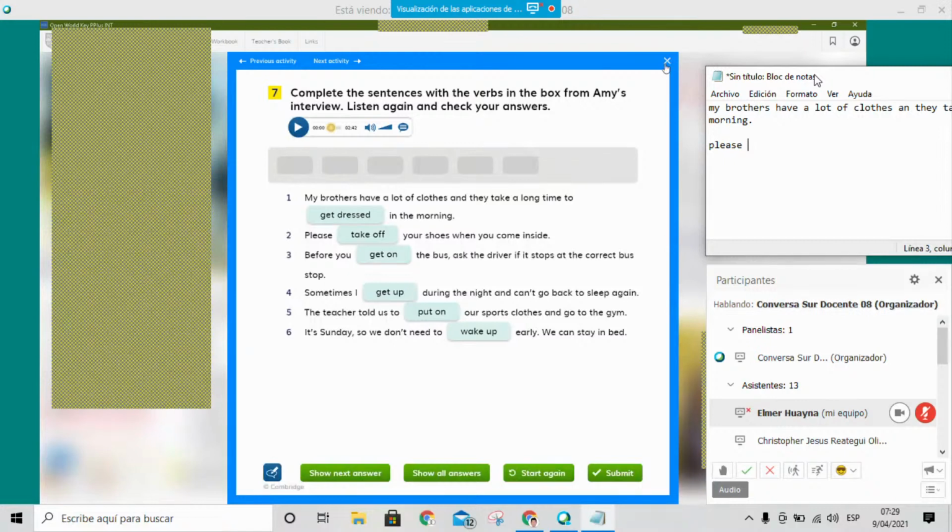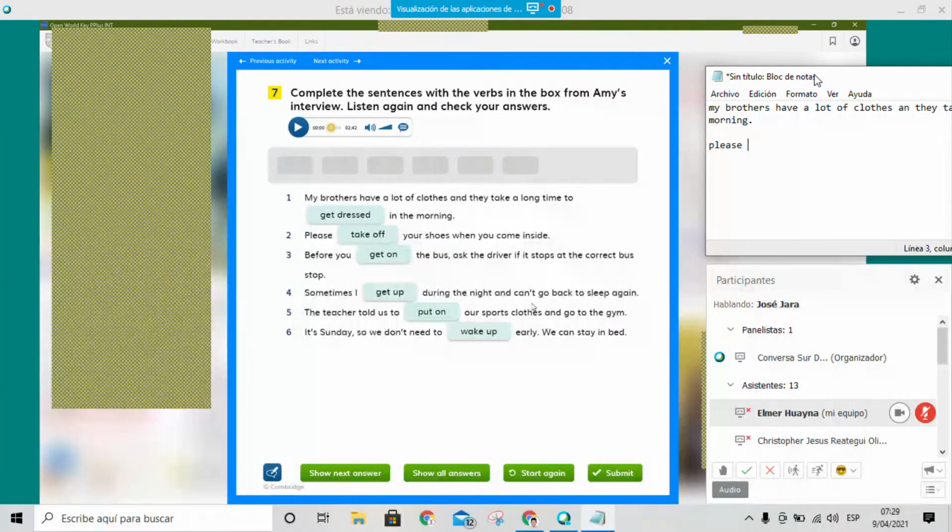Teacher, I have a question. Yes, tell me. What is the difference between get up and wake up? In number 4 it says, sometimes I get up. I think it's wake up. Get up in Spanish is not levantarse de la cama. Yes, correct.